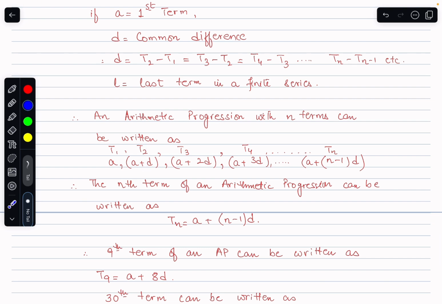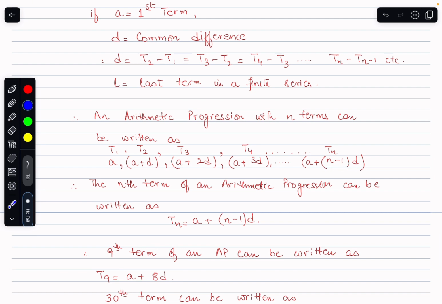For the third term, if I add 2D, D plus D, this becomes my third term. For T4, it should be A plus 3D, D plus D plus D. Obviously, that would give me a 3D. So the fourth term is A plus 3D, up till the nth term, which is A plus n minus 1 times D.